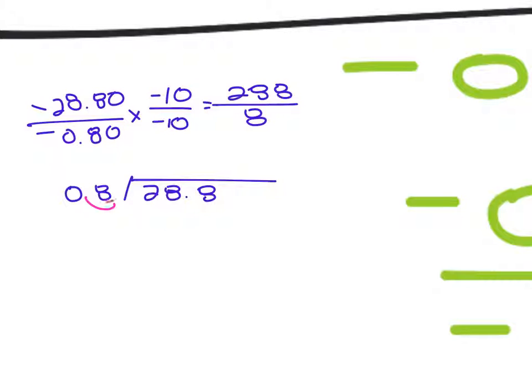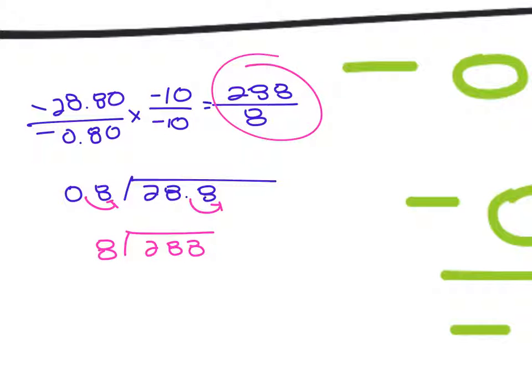So we're going to move this over one place to the right, and we're going to do that same thing here in order to get the same answer. And when you do that, you get this new problem of 8 into 288. That's essentially what you're seeing there, right? 288 divided by 8.